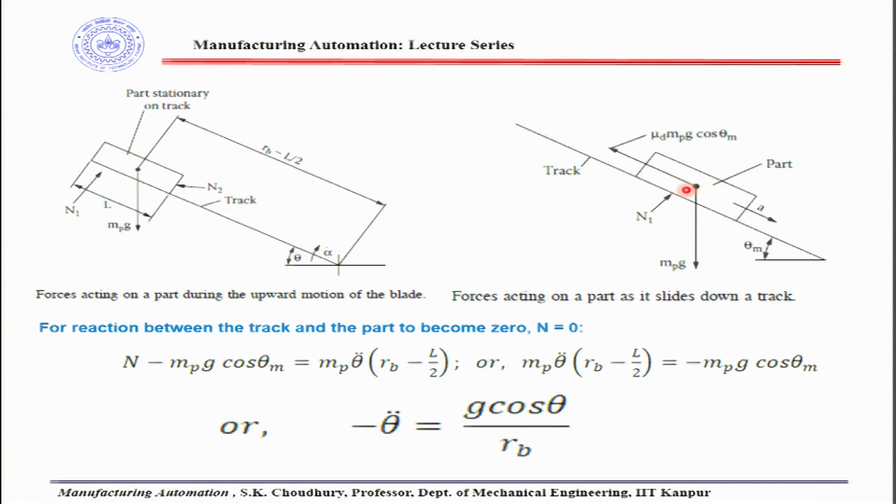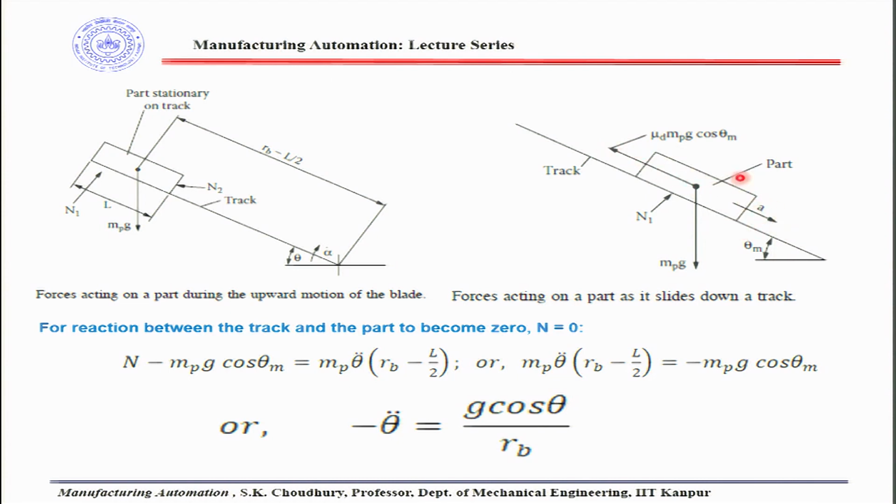Now this is the position of the part when it is sliding down. While sliding down, the forces acting will be the normal force N1, and in the free body diagram, this is the linear acceleration a, and mp g is the weight of the part. Here this is the friction force, which is resisting the acceleration of the part.